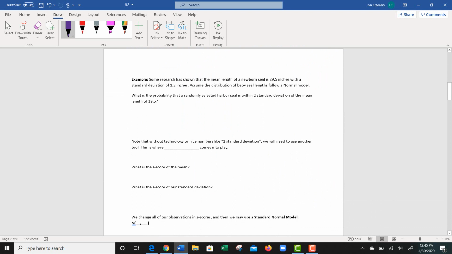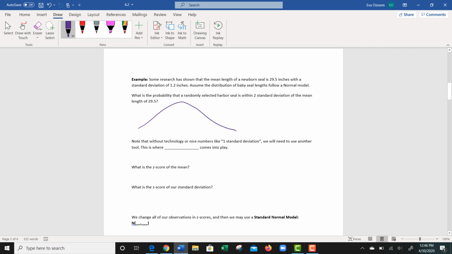So since we're looking at symmetric data using the mean and standard deviation, we're going to be using the empirical rule. For example, some research has shown that the mean length of a newborn seal is 29.5 inches with a standard deviation of 1.2. If we assume that the distribution of these seals follows a normal model, we want to know the probability that a randomly selected seal is within 2 standard deviations.